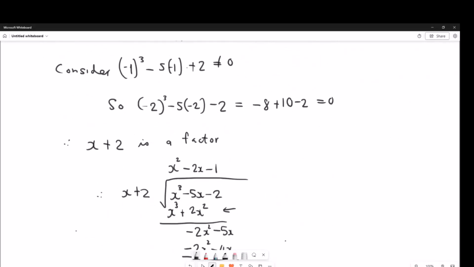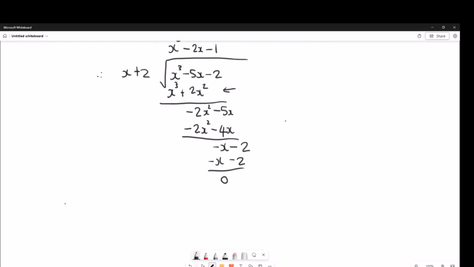So from here, you can clearly see that x plus 2 multiplied by x squared minus 2x gives you that product, x cubed minus 5x minus 2, okay? That's what you can see.